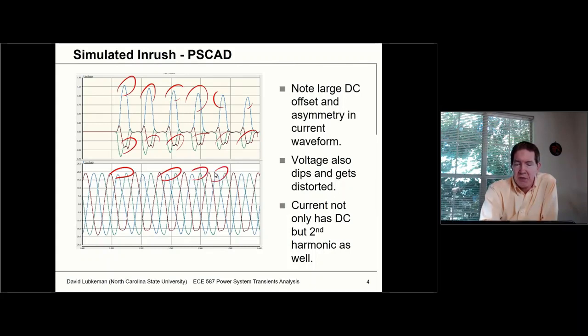We actually get a little bit of a voltage dip associated with this. And this is going to be very rich in even harmonics, like second harmonics, fourth harmonics, because it's asymmetrical around the axis. And so when you have asymmetrical quantities like current, then this is going to be associated with even harmonics.